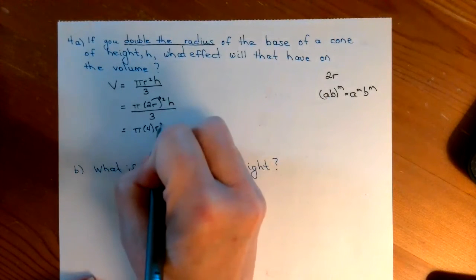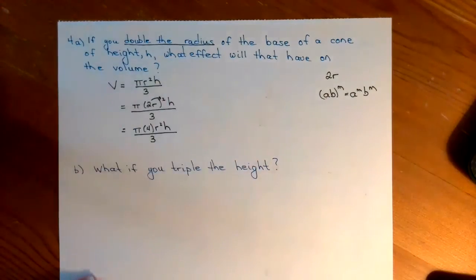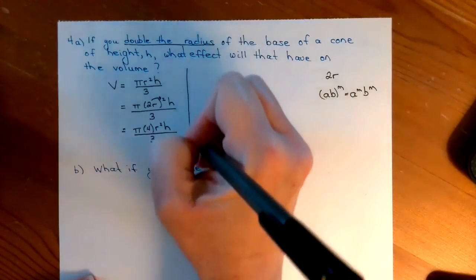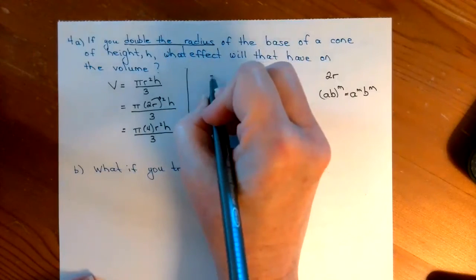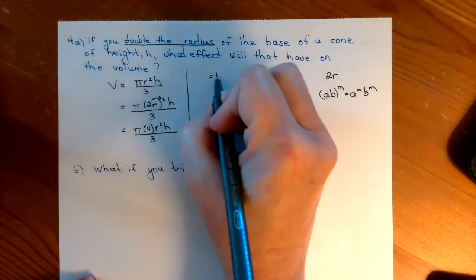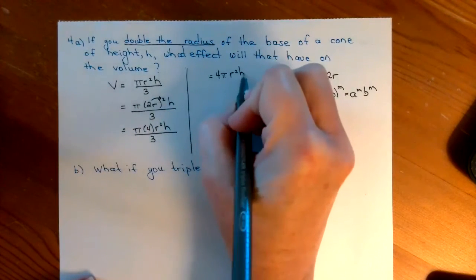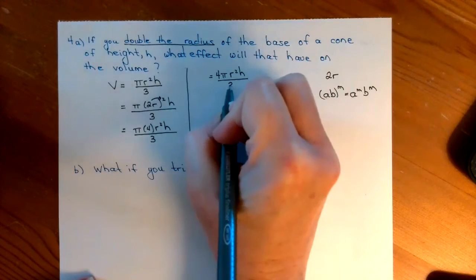And then we have r squared h over 3. So now I have 4 pi, right? Because we always put the number before the pi, r squared h over 3.